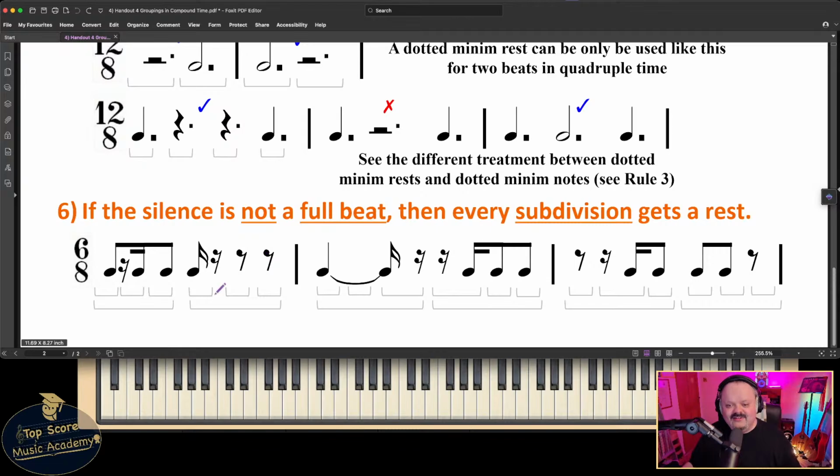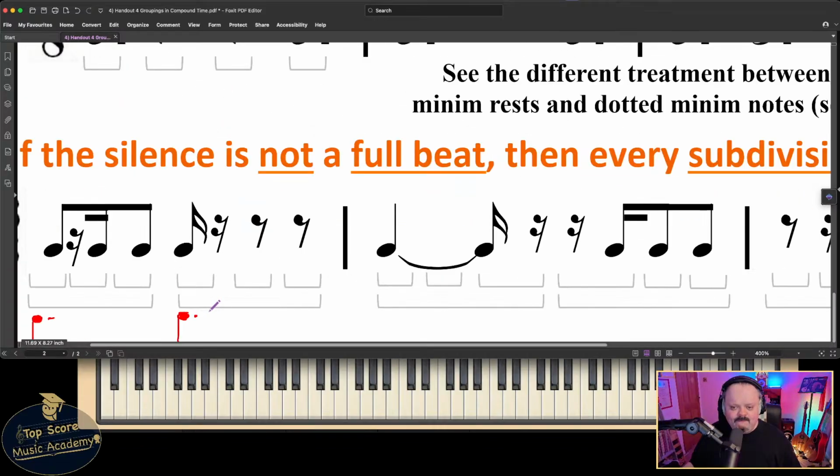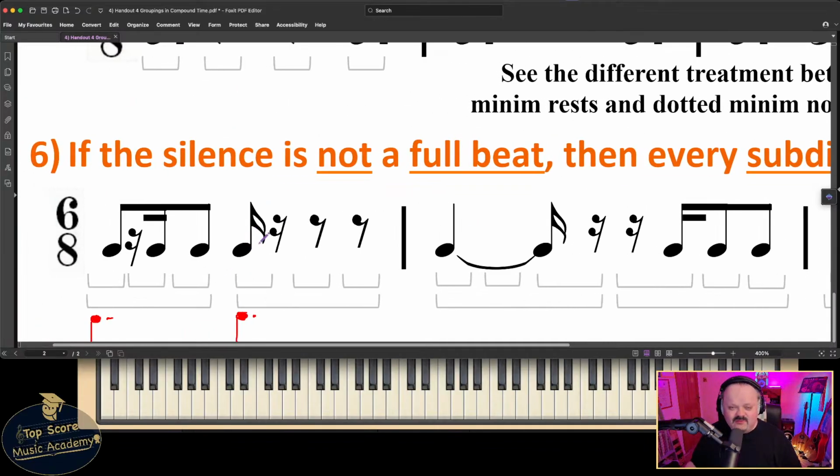So in 6/8, for example, we are looking for 2 dotted crotchets or 2 dotted quarter notes per bar. I'm just going to draw them in so you can see where each beat begins. And it's actually the second beat here that we're going to look at. So here you can see a semiquaver or a 16th note. If we want the rest of this to be silent, then we need to add a semiquaver rest in there next to that.